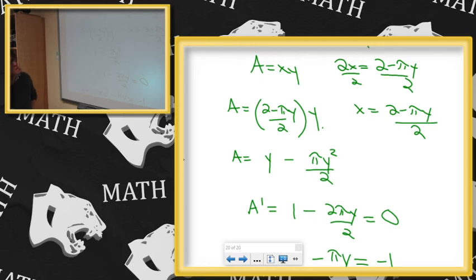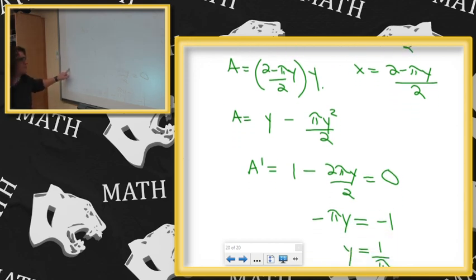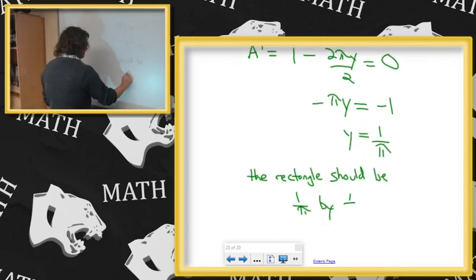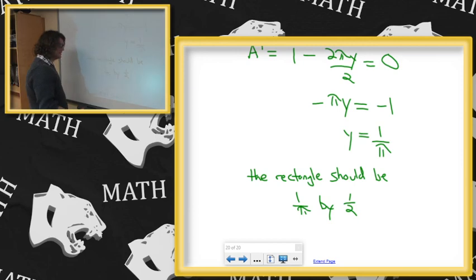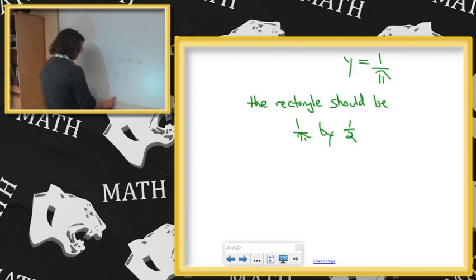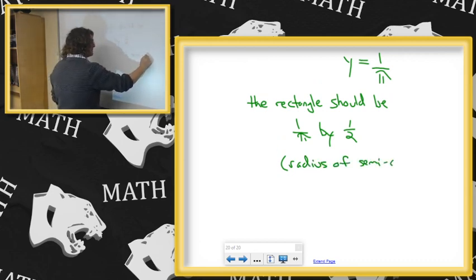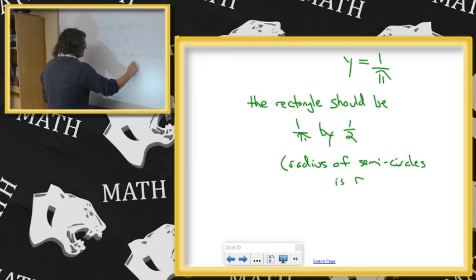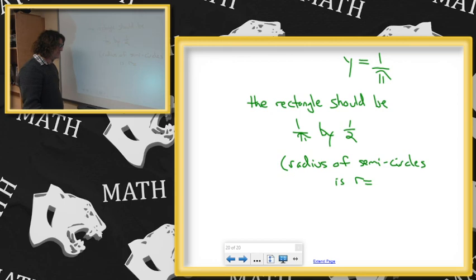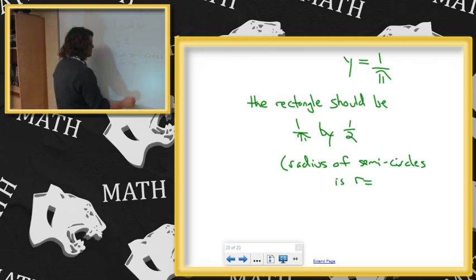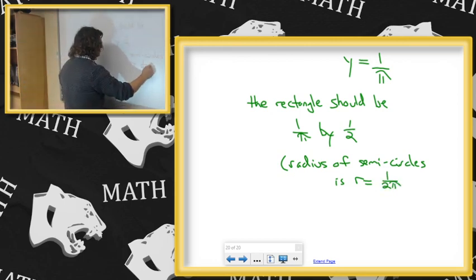So it's 1 over pi times pi, which is actually equal to 1. So it's 2 minus 1 is 1 over 2, so it's half for the x. 1 over pi by a half. I don't think you need to put this, but the radius of the semicircles is equal to just half of y, so it ends up being 1 over 2 pi.